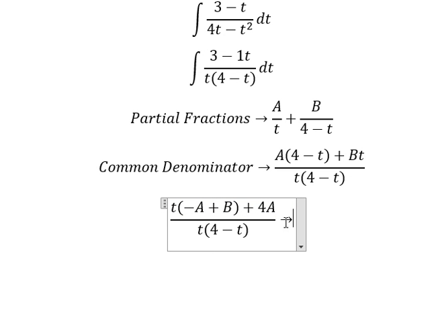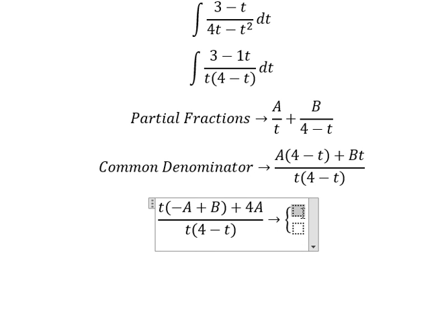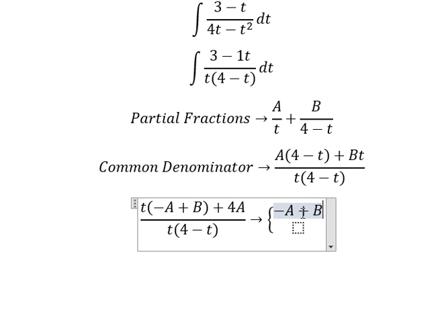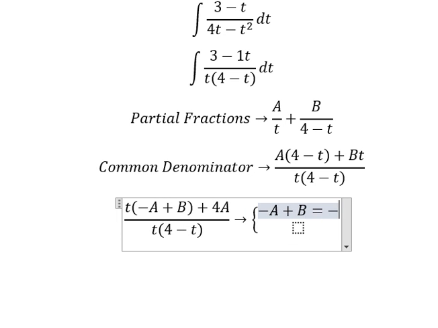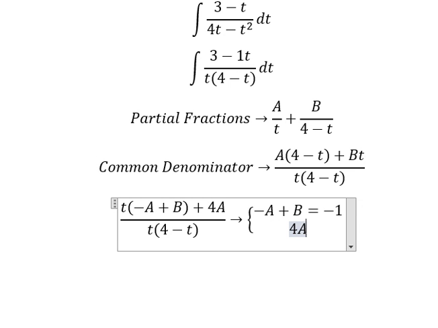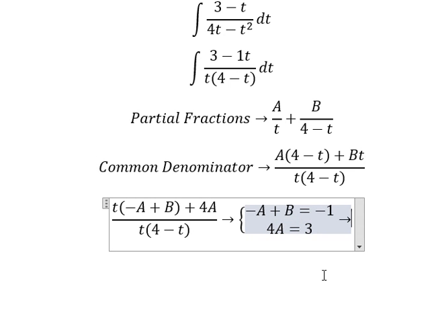And now we create the system of equations. So we have negative a plus b equals to negative number 1 and 4a equals to number 3. And now we need to find the solutions of a and b in here.